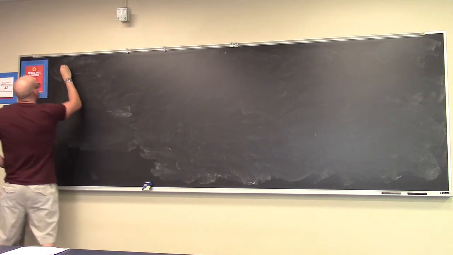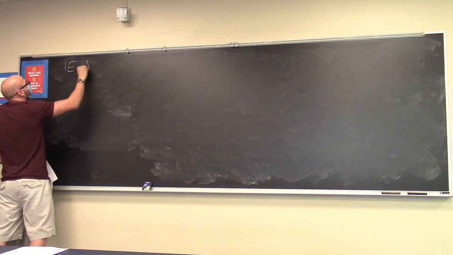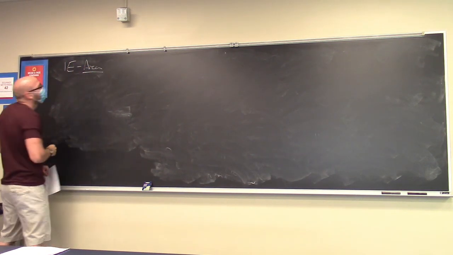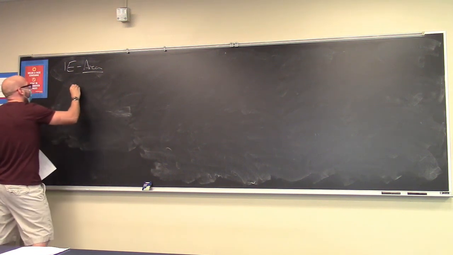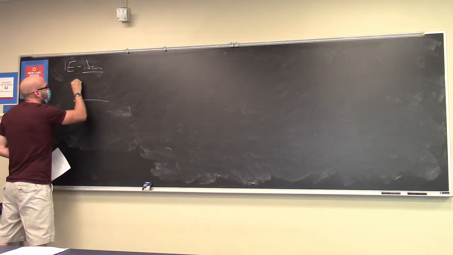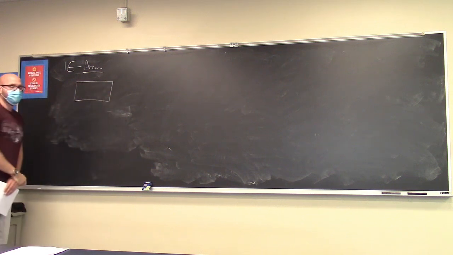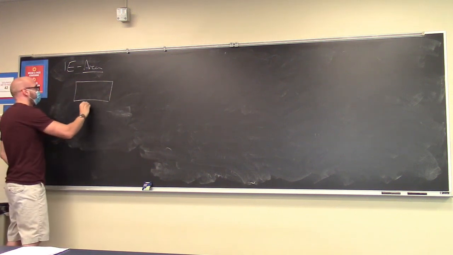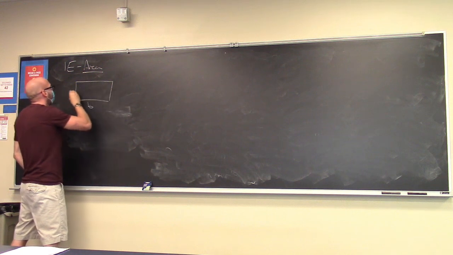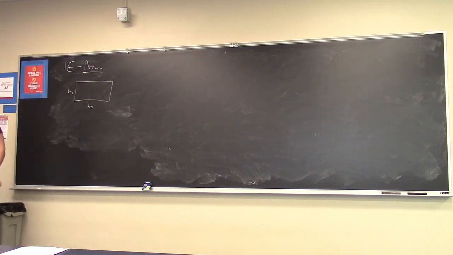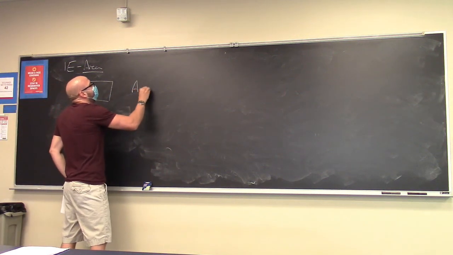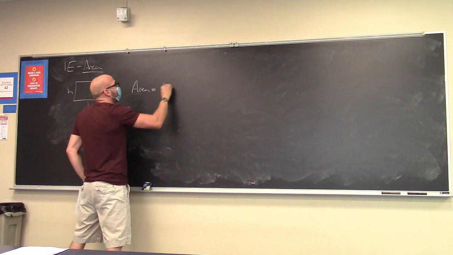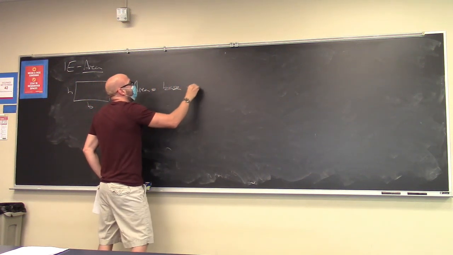Our next section, 1E, is area. Here's a rectangle. It has base length B, and it has height H. So what's the area? Base times height, right?